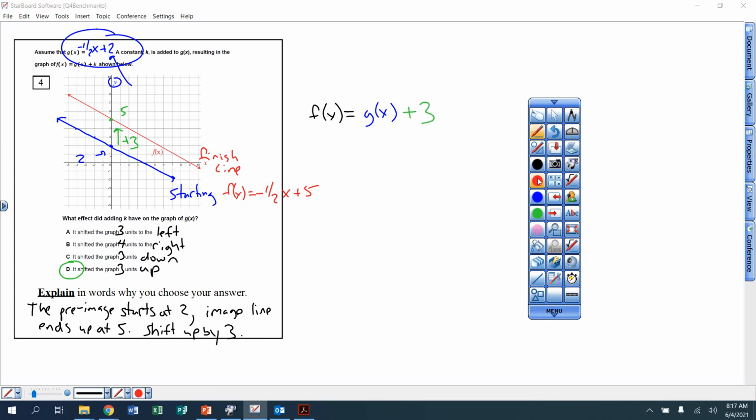If I take the starting equation and plug it in the transformation equation right there, the slope will remain the same, but that 2 and that 3, those two numbers will combine to give me the new y-intercept.